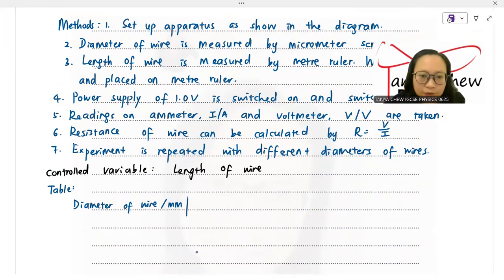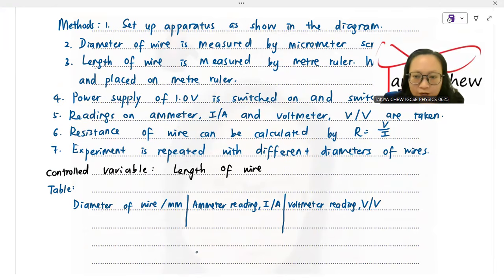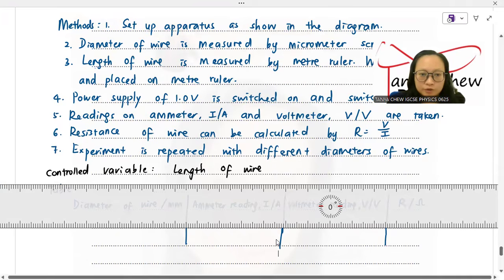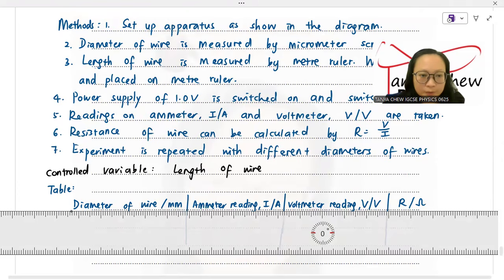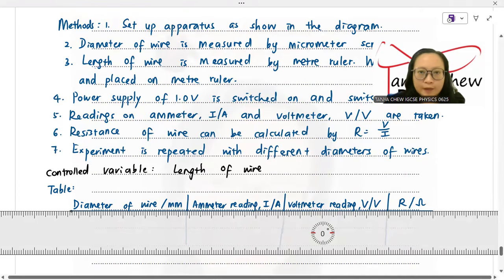And then ammeter reading, which is I, with ampere as the unit, voltmeter reading, which is V in volt, and the resistance in ohm, calculation. So I'm done with my table. Just use a ruler to draw this. This is the table, and I'm done with that.